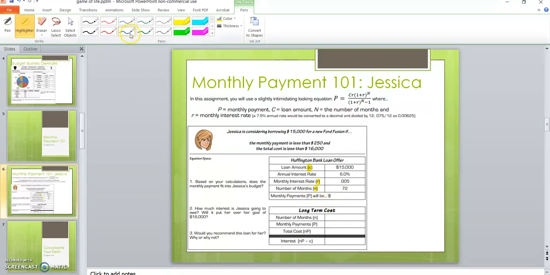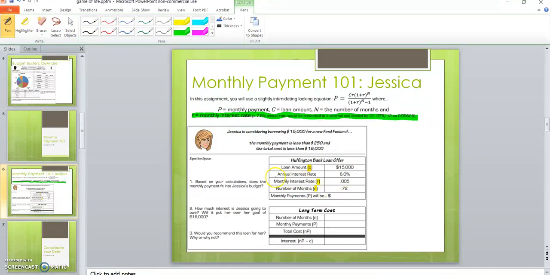Now, the very first thing that you're going to do in all of your character profiles is to make sure that you know the monthly interest rate. If you read it over, this will tell you how to find out the monthly interest rate.